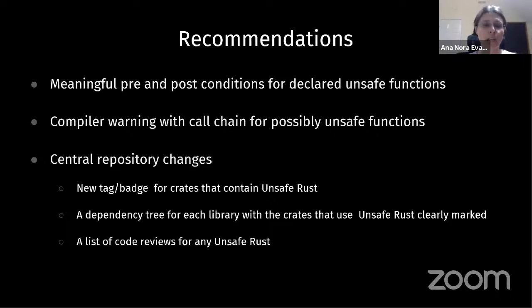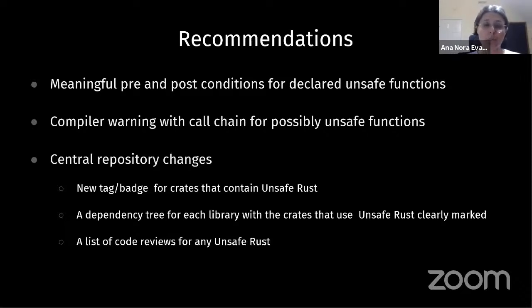There should be a mechanism, and developers should be encouraged to define pre and post conditions for all these declared unsafe functions. To make it easy for the programmer to understand where unsafe is used, the compiler should print a warning with a call chain that can result in execution of an unsafe operation.